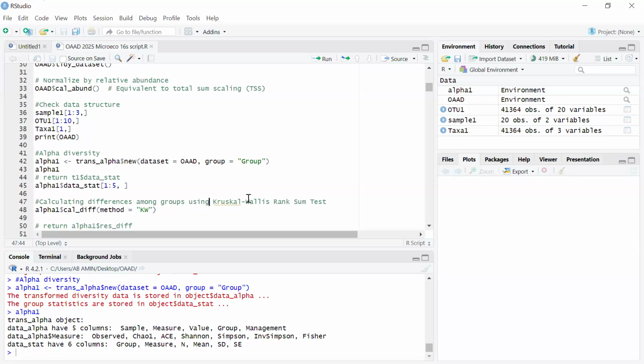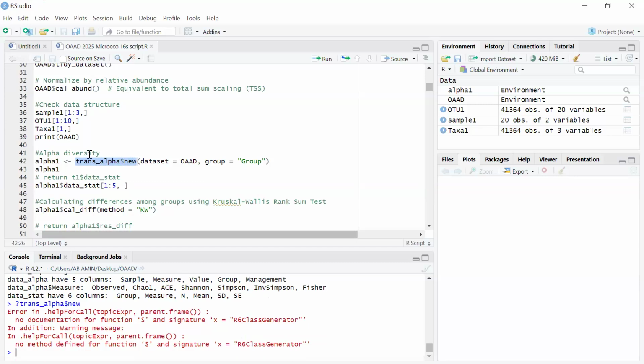This one is going to be using the Kruskal-Wallis test, or if, based on our data set, we want to use another statistical test, you can just look at the help function and see the various statistical analyses available.